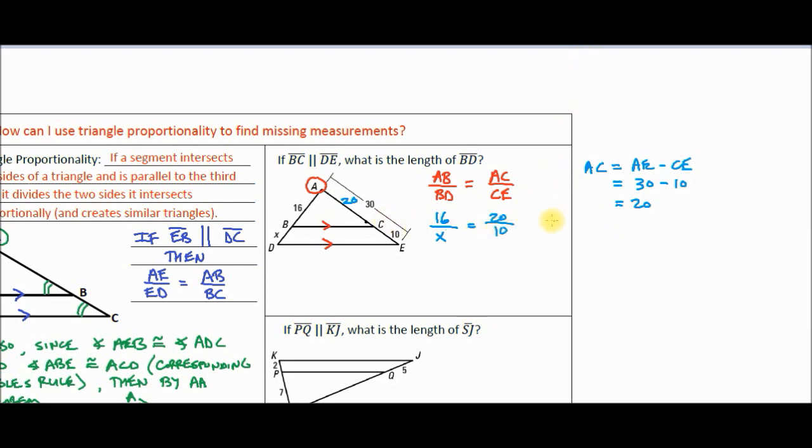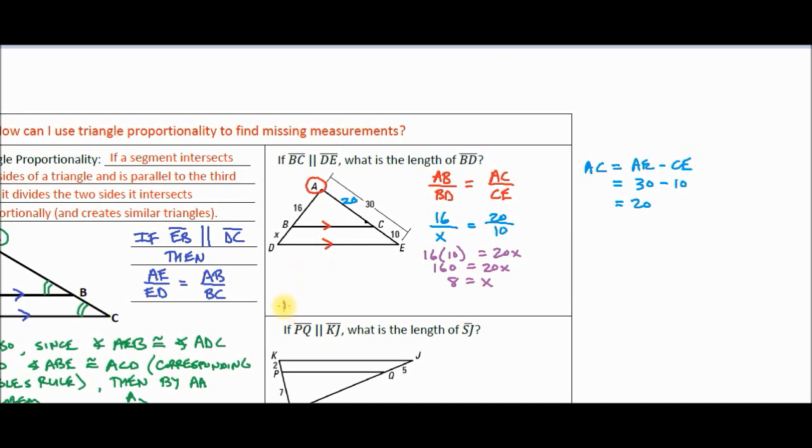Let's go ahead and do cross product. So 16 times 10 is equal to 20x. 16 times 10 is 160, equals 20x. Divide both sides by 20 and you get 8 equals x. So our x value is 8. Here's how we're going to write this as a sentence.